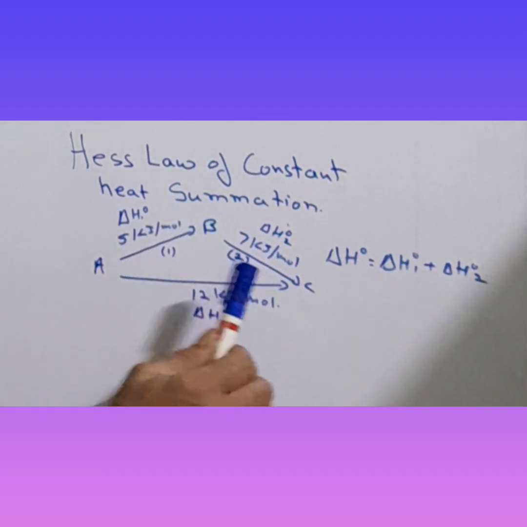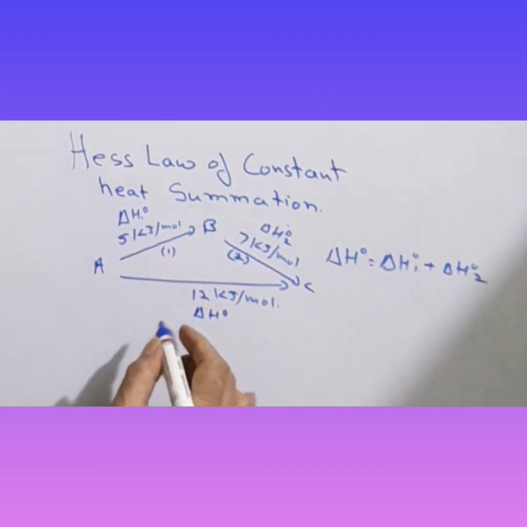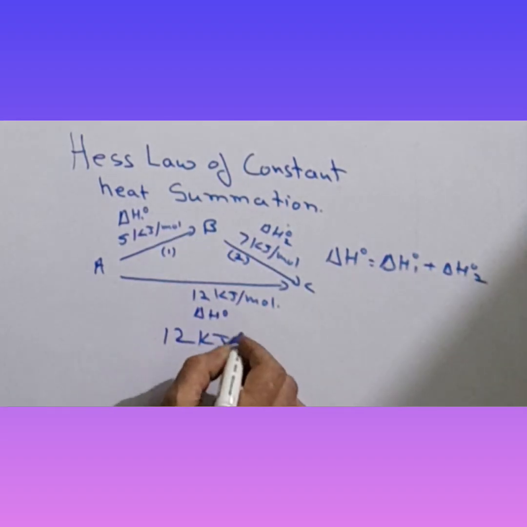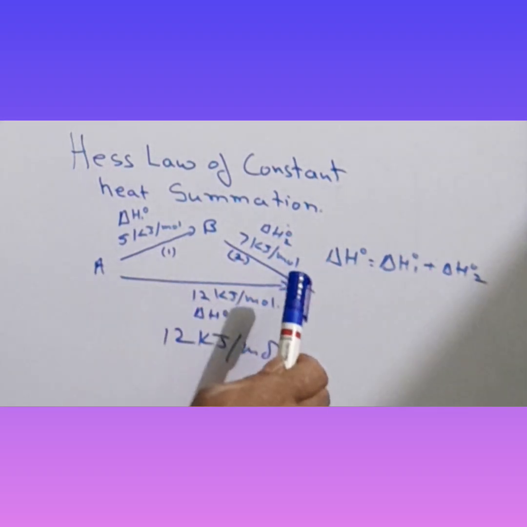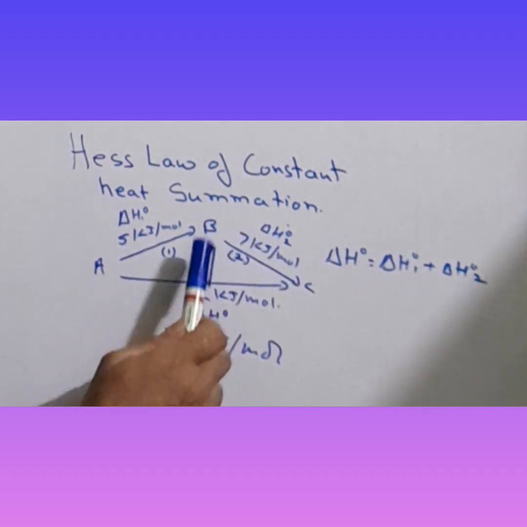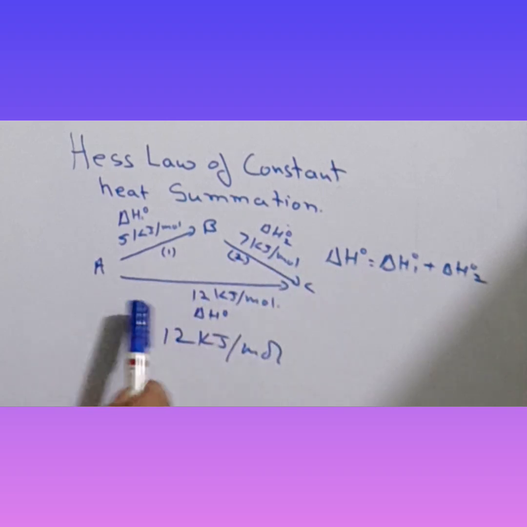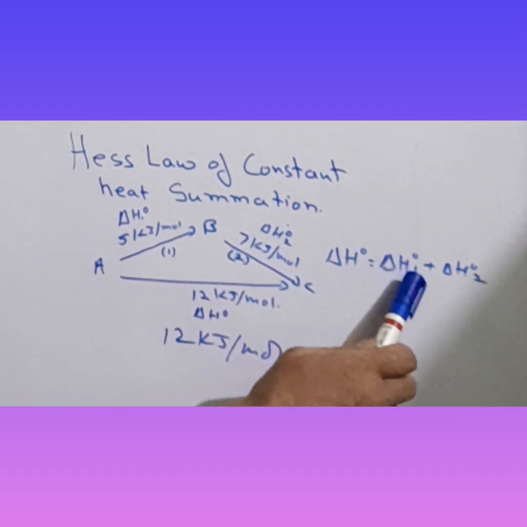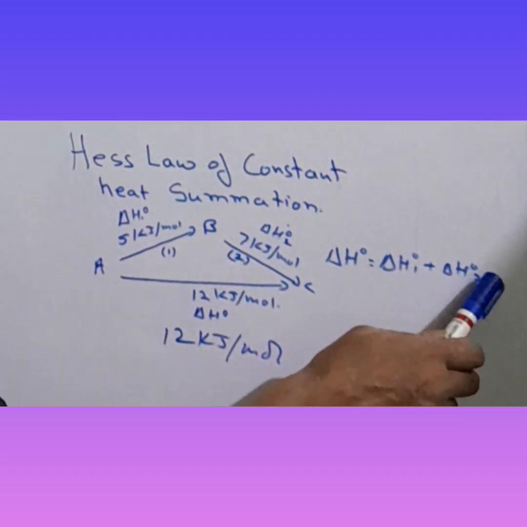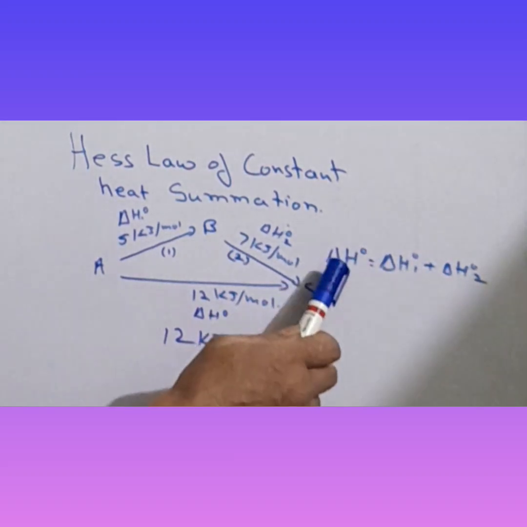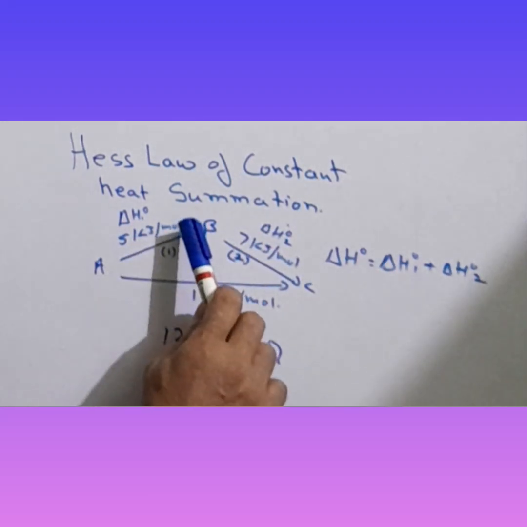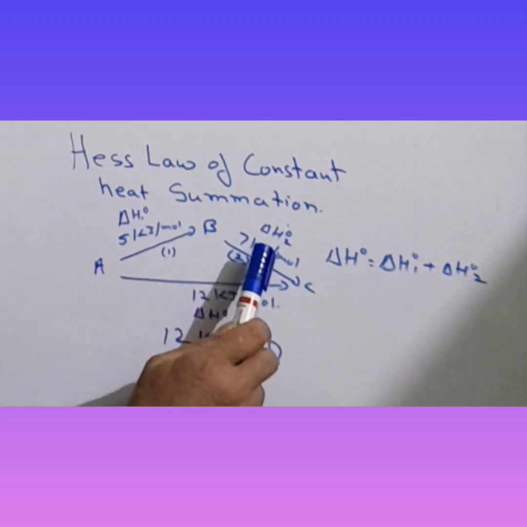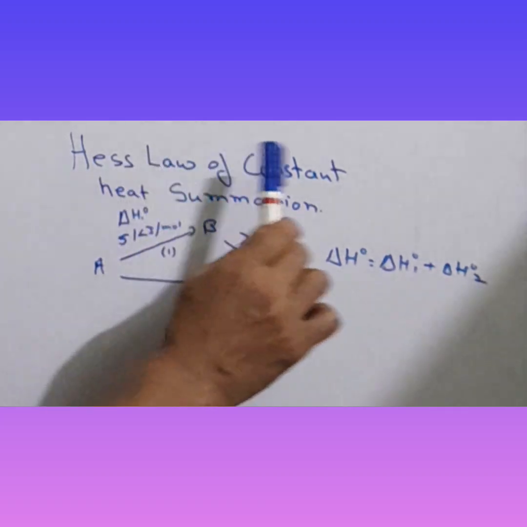Now when you add this up, what you end up with is 12 kJ per mole, and that is what we also get when we go directly from A to C. So what we say is del H standard is equal to del H1 standard plus del H2 standard. Here the superscript 0 obviously means standard. Alright, so this is Hess law of constant heat summation.